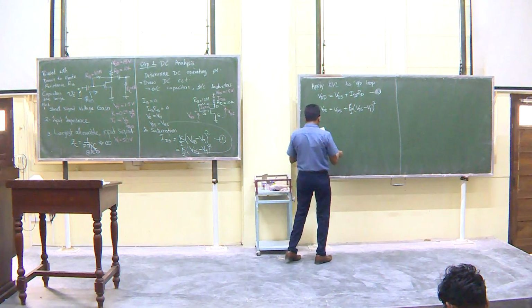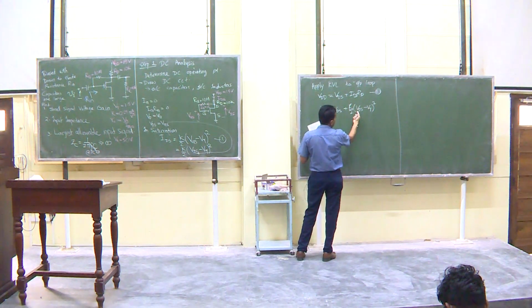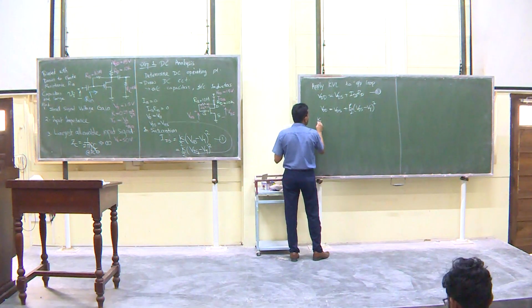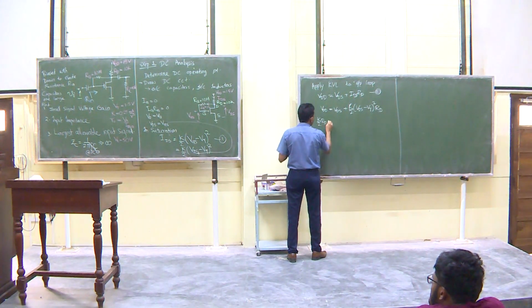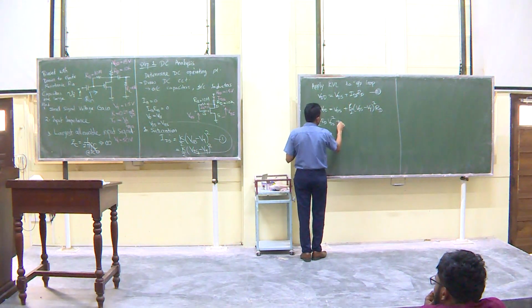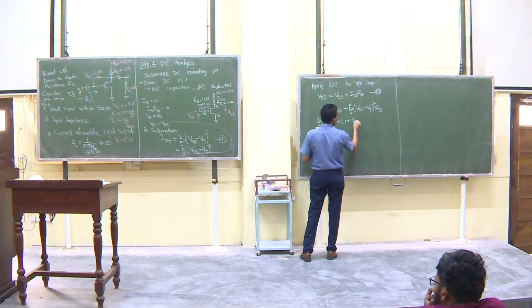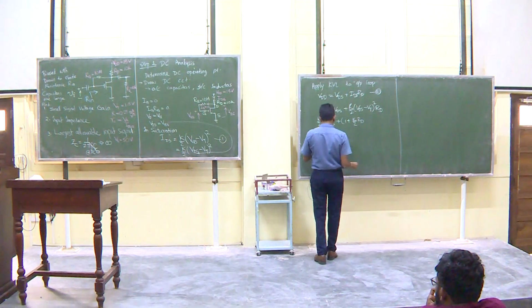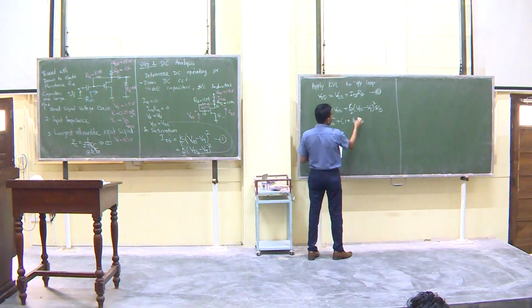So, I can expand this and write it like so. You have VDS squared times K divided by 2 RD, and for the VDS terms I have 1 plus K divided by 2 RD times, when you expand the squared term, 2 VDS Vt, which is negative, right.